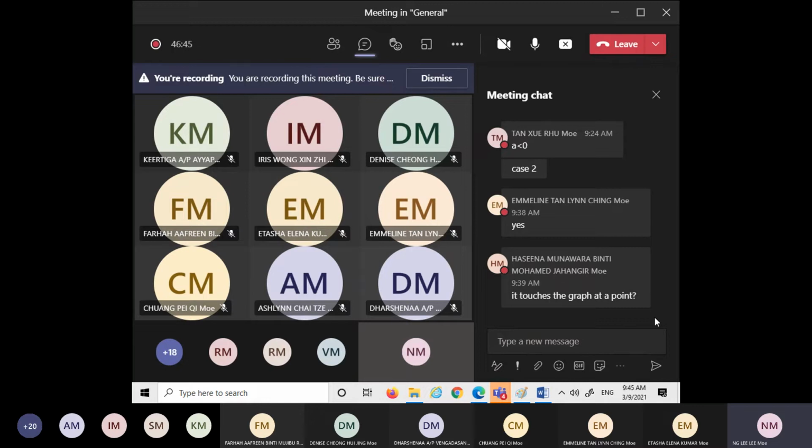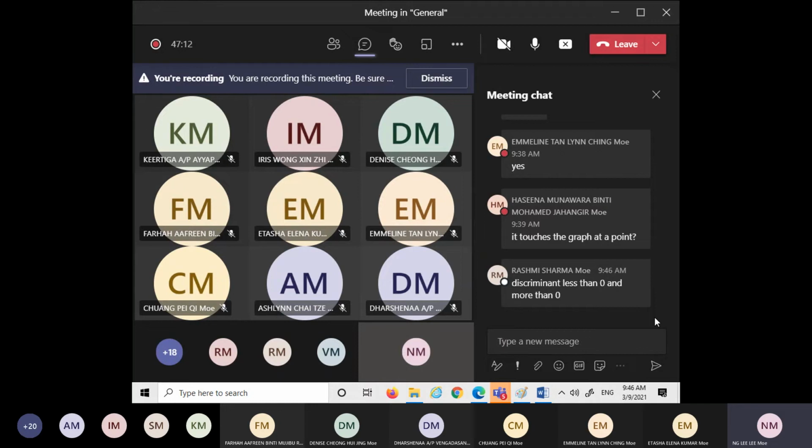The graph is always positive or always negative? D is greater than 0, equals 0 or smaller than 0. Which one? Hey, come on. I fall asleep already. Then I call. Oh, okay, someone here.